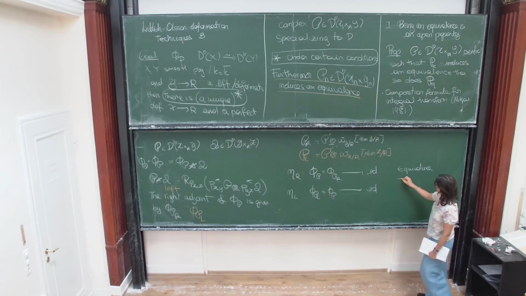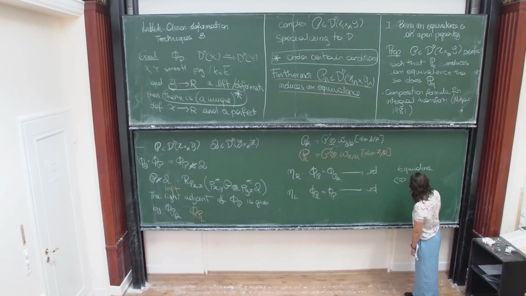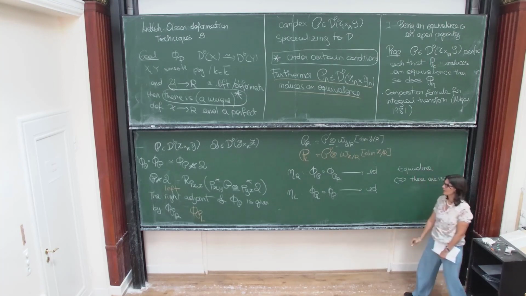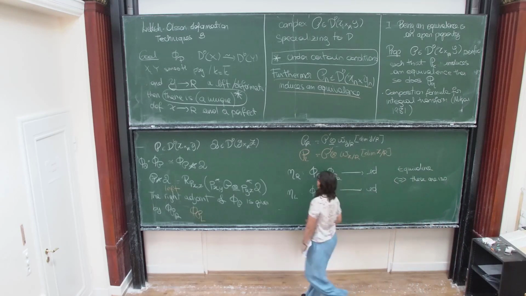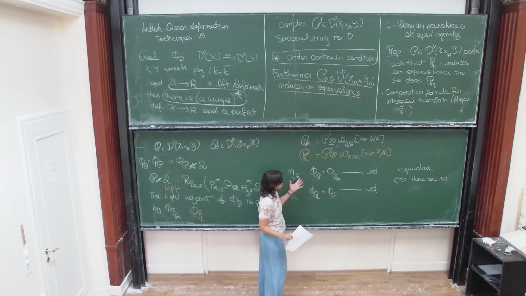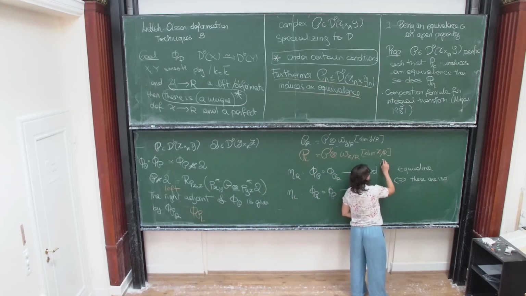So equivalence if and only if these are isomorphisms. But now the identity is the integral transform with kernel the diagonal.